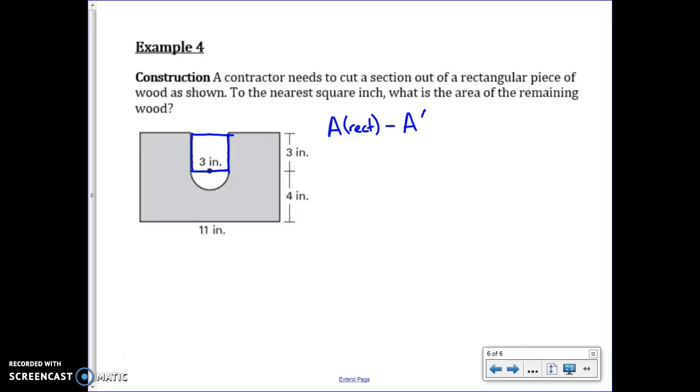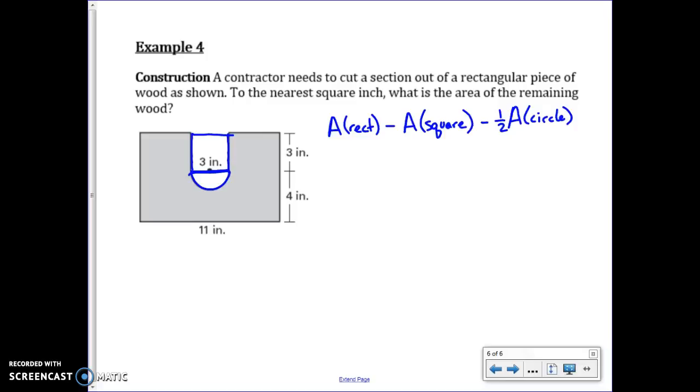So subtract area of a square. And then I also have half of a circle, so minus half the area of a circle. So that's how my setup works.